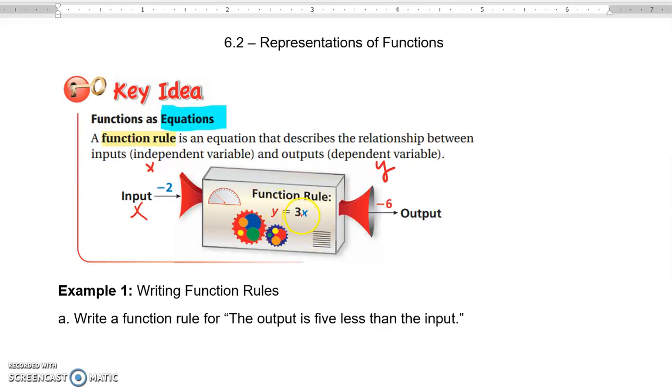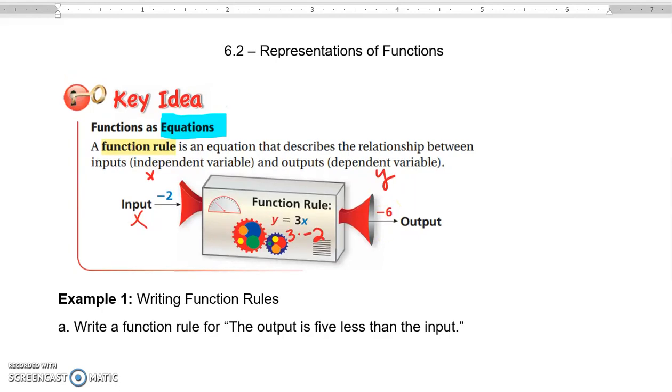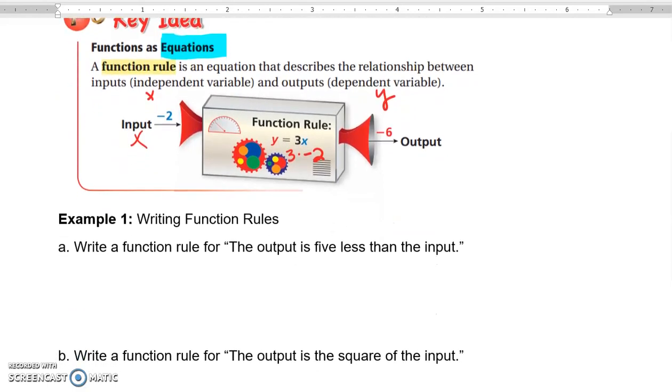So this is y equals 3x. So this would be 3 times -2 because you inputted -2. And then the output is -6 because 3 times -2 is -6. That's how a function rule works. Whatever number you put in the machine, it does the rule and spits you out an answer.